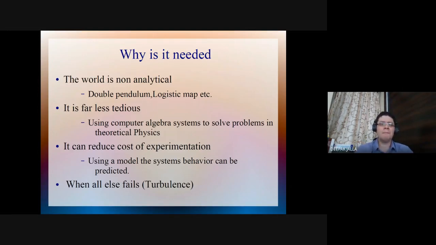So what's wrong? If I were to put it in a very concise way, those problems which you can solve with pen and paper, mathematically they are deemed analytical, and that's fine. But why is that problematic?